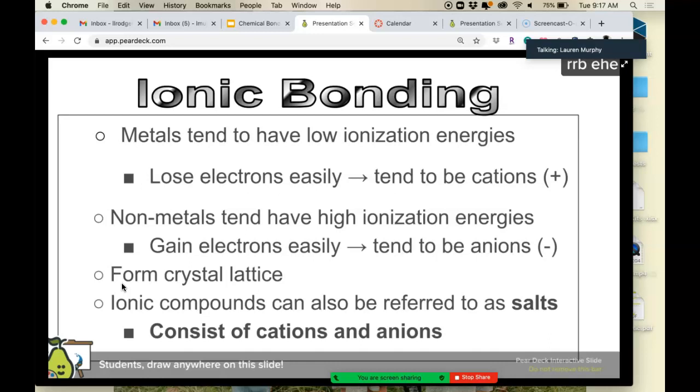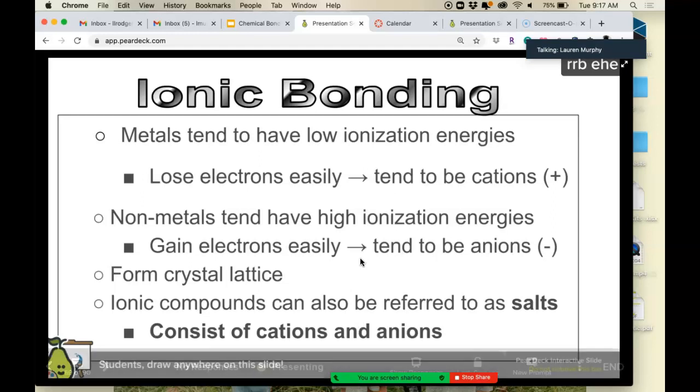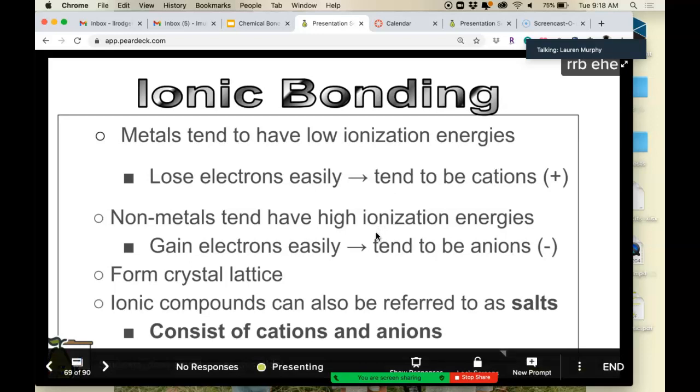That means metals with nonmetals. Anything that has positives and negatives can be called salts. So sodium chloride is not the only salt ever to exist. There's tons of other salts. They might not be the salts that we eat, but there are plenty of other salts that exist in nature.